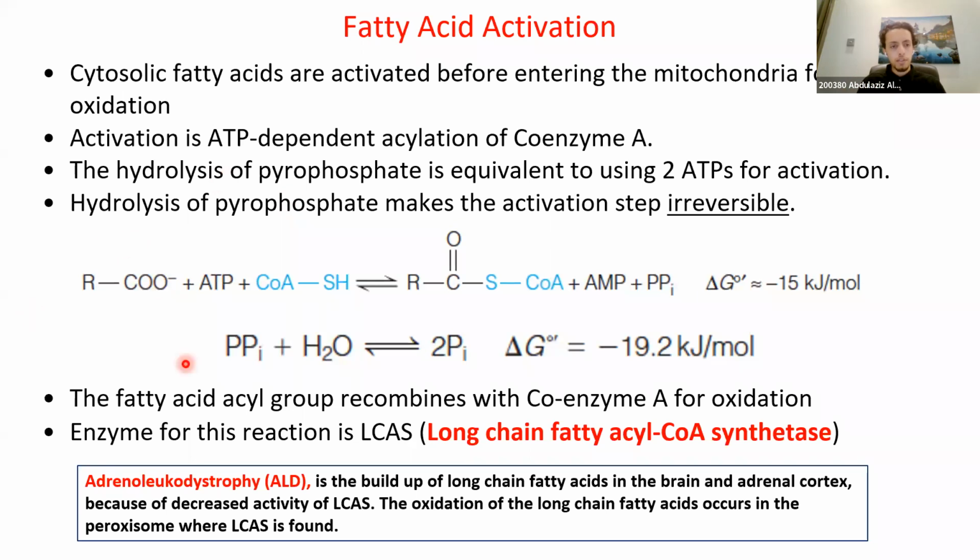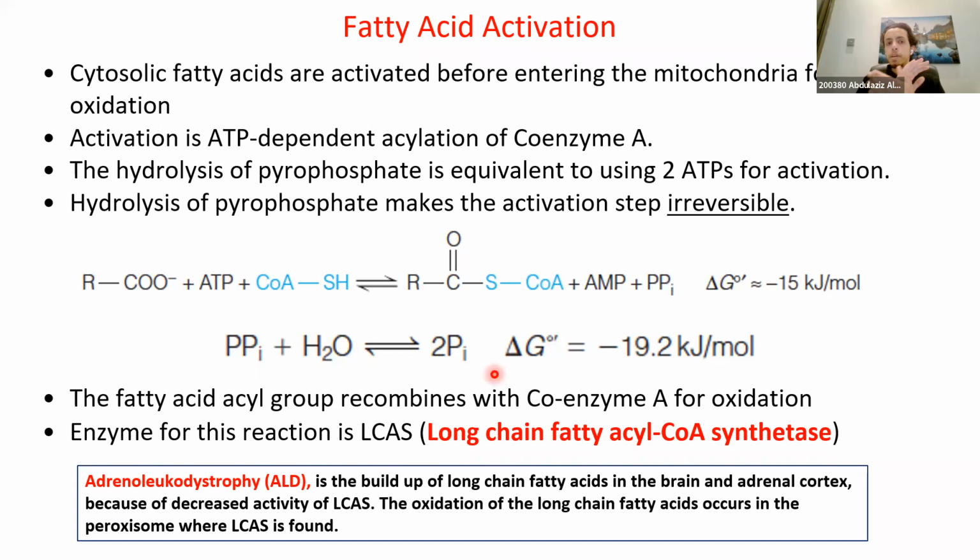We have the fatty acid right here. We added ATP and a coenzyme A. As a result, the ATP becomes an AMP and a pyrophosphate. So we use the energy from the ATP, and it gave us an AMP and a PPi, or pyrophosphate. This pyrophosphate is immediately hydrolyzed into 2 phosphates.